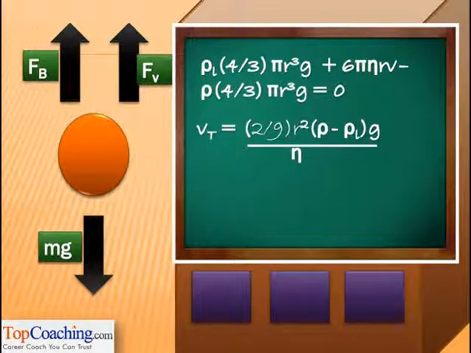You see, if you look carefully, Fb is constant, isn't it? The buoyant force is constant. The gravitational force is also constant. Only the viscous force is varying, isn't it? It depends on velocity. So what happens is that as the sphere falls down and falls down, it keeps on accelerating. And because it accelerates, its velocity keeps on increasing.